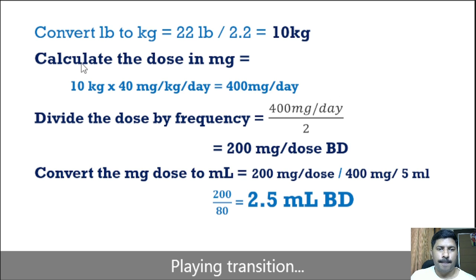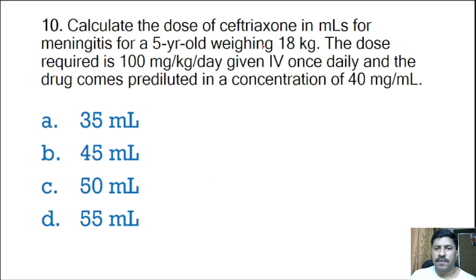Next question. Calculate the dose of ceftriaxone in milliliters for meningitis for a 5-year-old weighing 18 kilogram. Here they have directly given the weight, 18 kilogram. The dose required is 100 milligram per kilogram per day, given IV once daily.